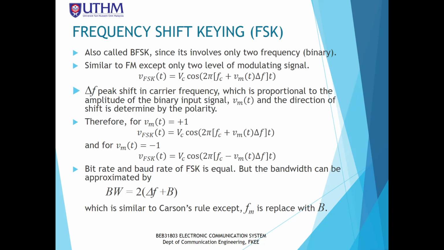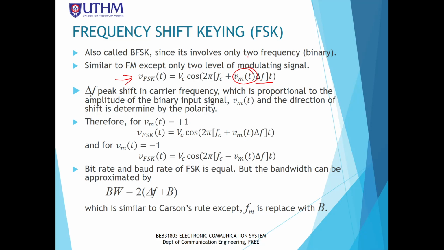And then we have the second type of digital modulation technique, which is frequency shift keying, FSK. So the general equation for the FSK is VC cos in bracket 2 pi fc plus vm(t) delta f t. So the thing that is going to change here is vm(t).